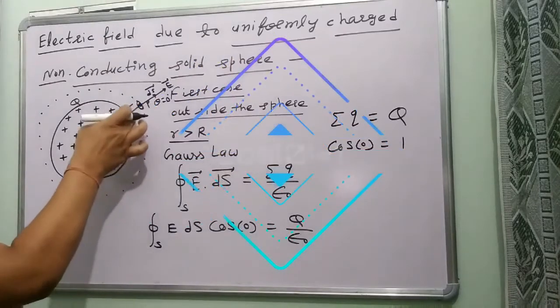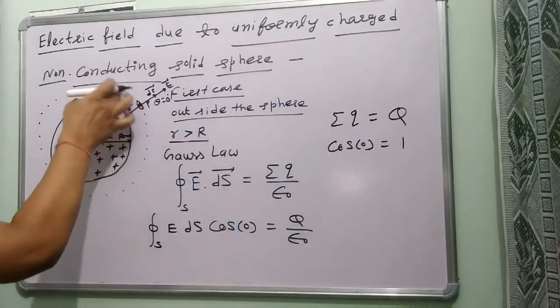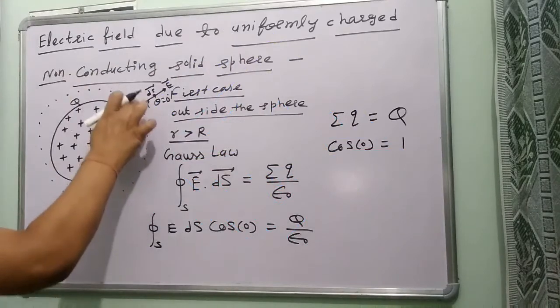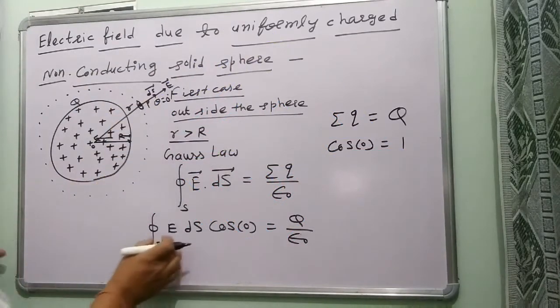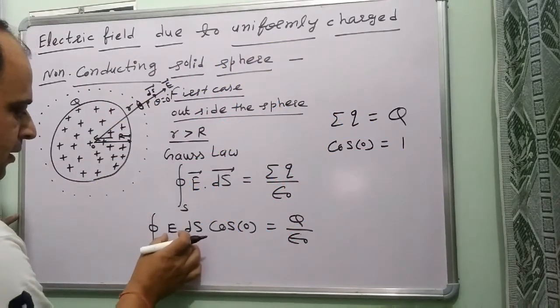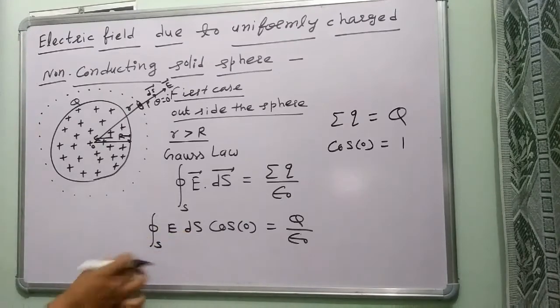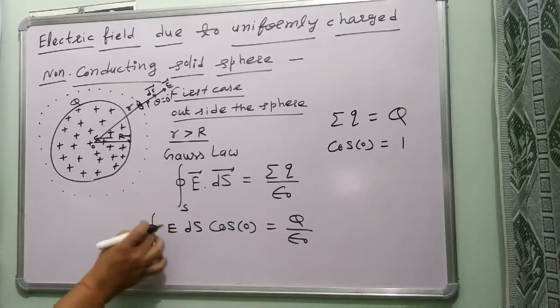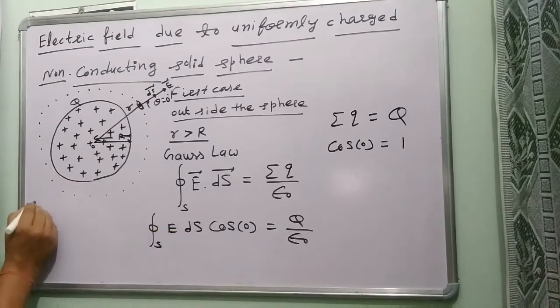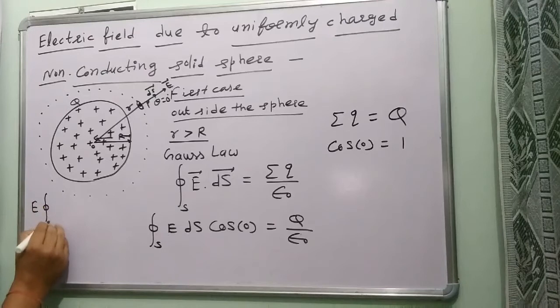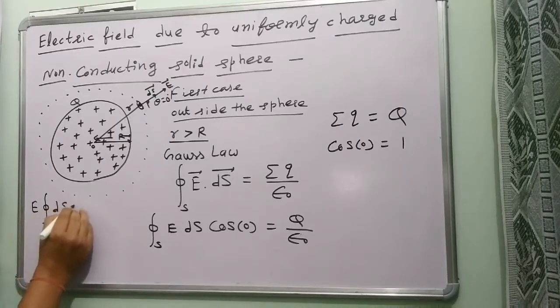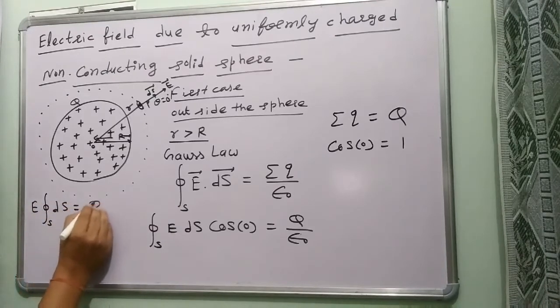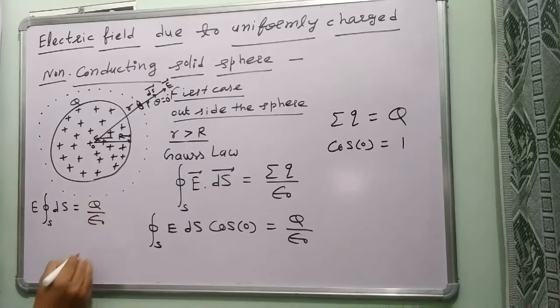Electric field on the circumference of the Gaussian surface is uniform, so the electric field E comes out of the integral. Then it is equal to q upon epsilon 0.